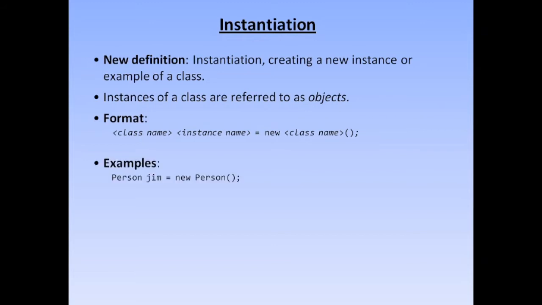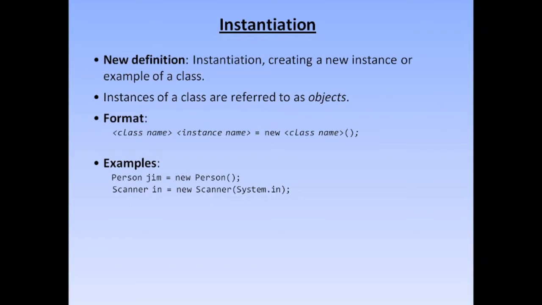Some examples: Person is a class, as we studied. Person Jim is the object, equals new Person, again the class, and then opening and closing parentheses. As we have already studied the Scanner class in the Java input output lecture, Scanner in equals new Scanner(System.in).